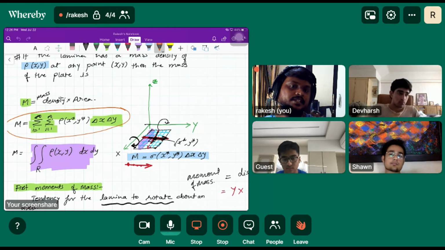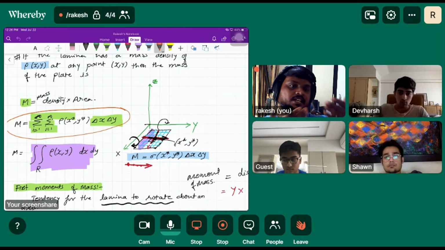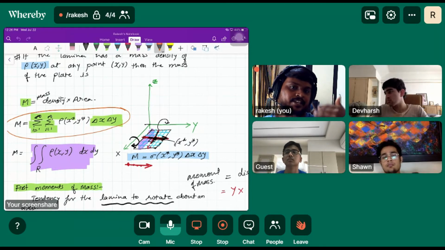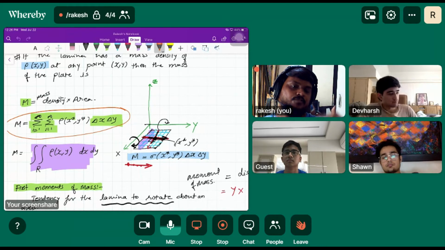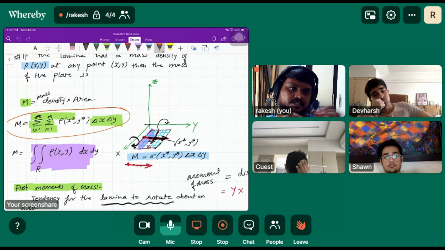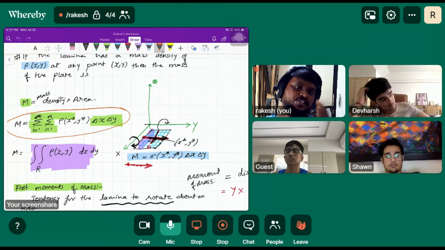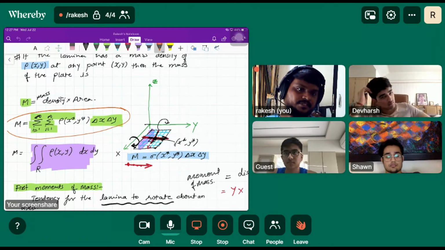That will be the same as this double summation, and the idea of that double summation can be converted into a double integral, because the mass is a continuous function, it's not discrete. Are you getting that? The mass is a continuous function, and because of this continuity, we can remove that summation sign by an integral. Make sense?